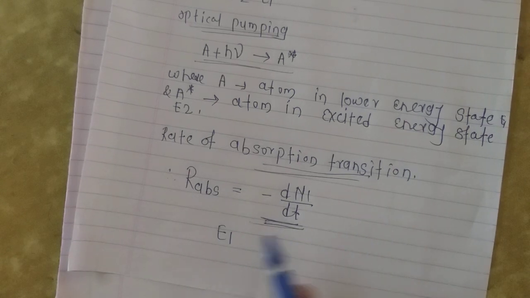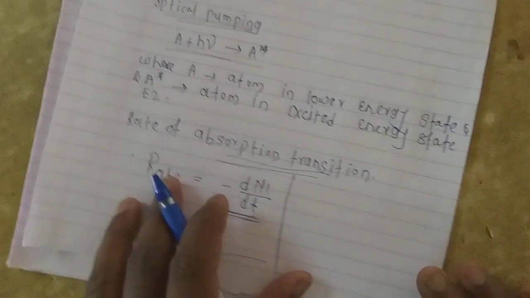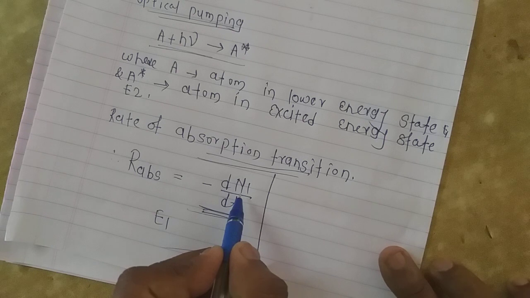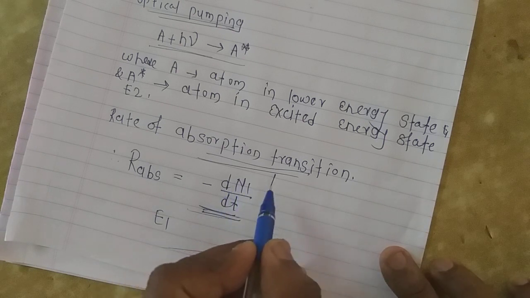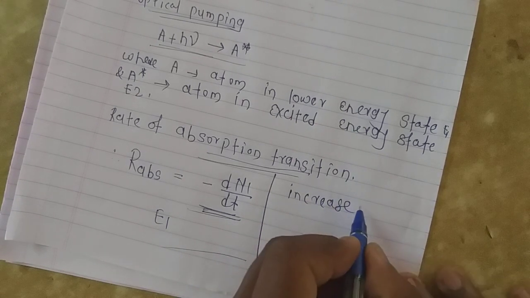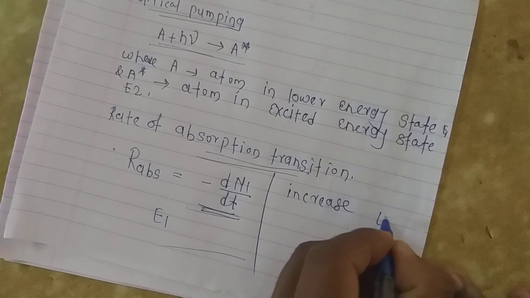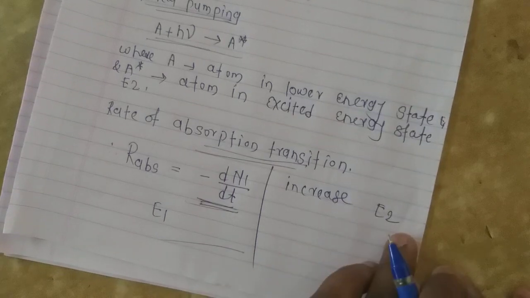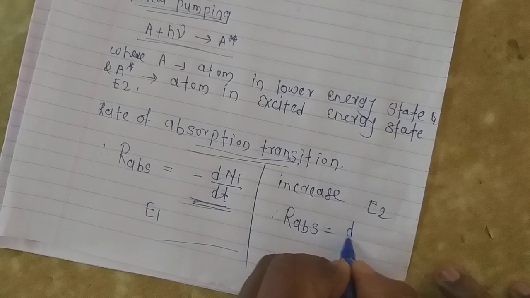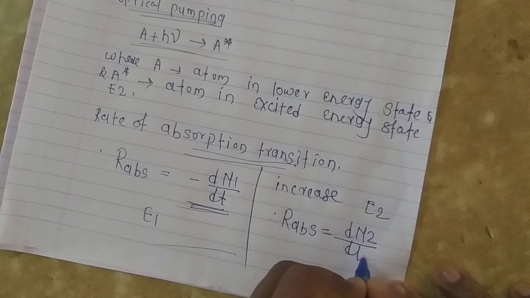Minus dN1 by dt is the rate of decrease of population at the lower level E1, and the rate of absorption also represents the rate of increase of population at the upper level E2, that is, R_ABS is equal to dN2 by dt.